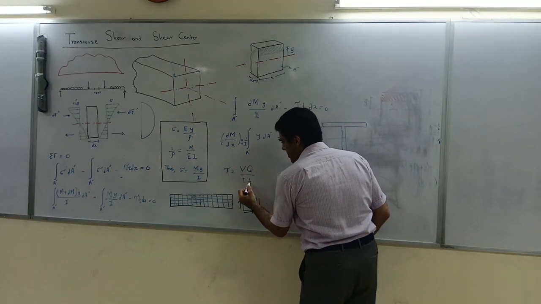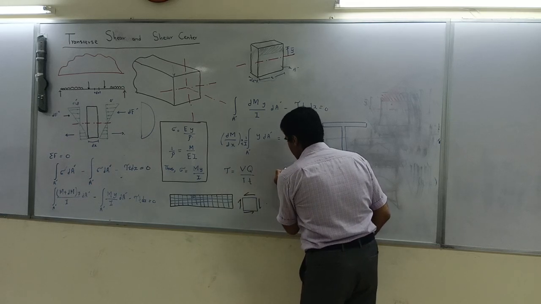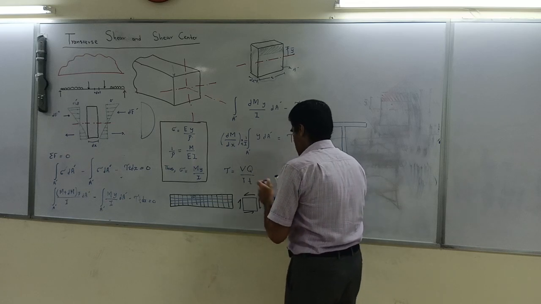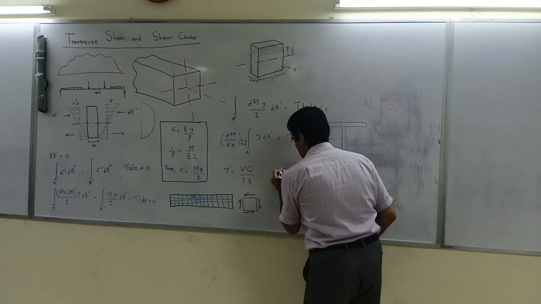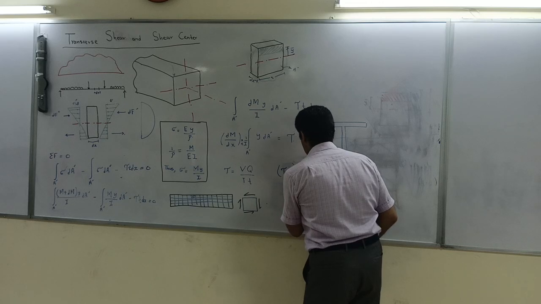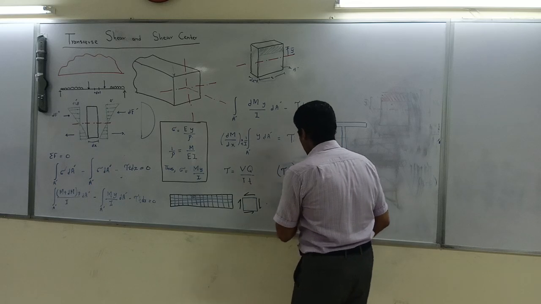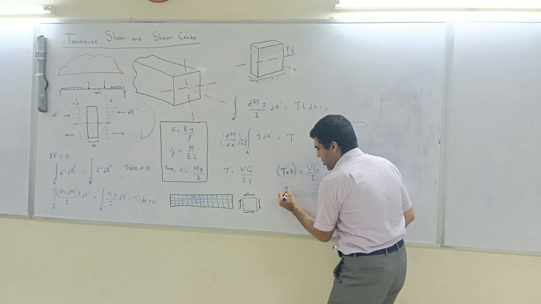So that is actually the final thing in this. If we bring this tau, this t over here, what we get is, imagine this, and this is equal to VQ over I. This is called shear flow.